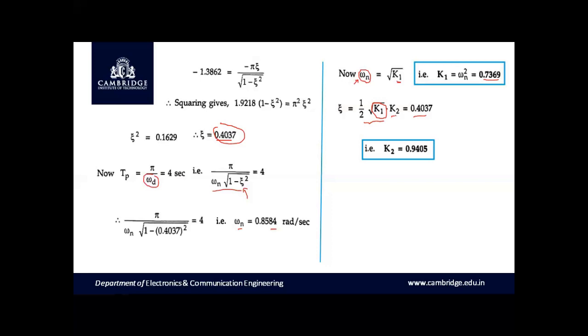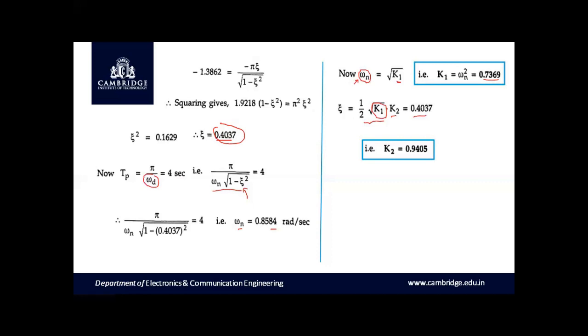So from the given expression, with a block diagram, you are given with g of s and h of s. And in addition to that, you have given with an information of maximum peak overshoot and Tp. The first step is to calculate the closed loop transfer function. Once after calculating the closed loop transfer function, we compared the denominator of the closed loop transfer function with the standard characteristic equation s square plus 2 zeta omega n s plus omega n square.